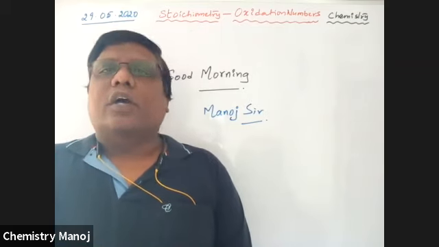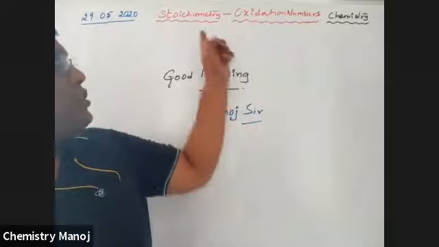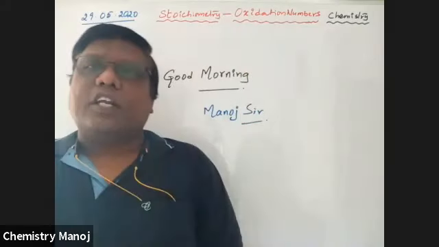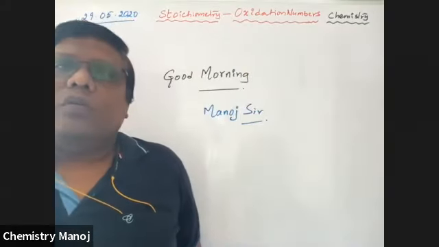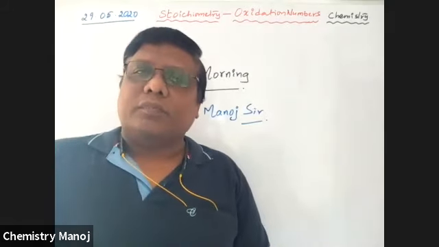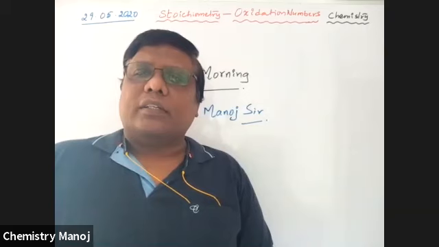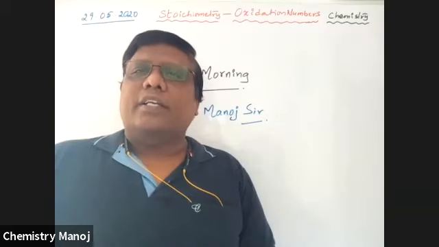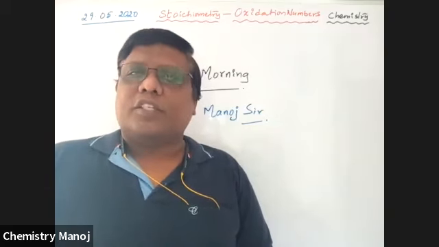Okay. So now our topic in stoichiometry is oxidation numbers. How to calculate the oxidation number of a particular element in a given compound? What are the rules that are used to calculate these oxidation numbers of an element?